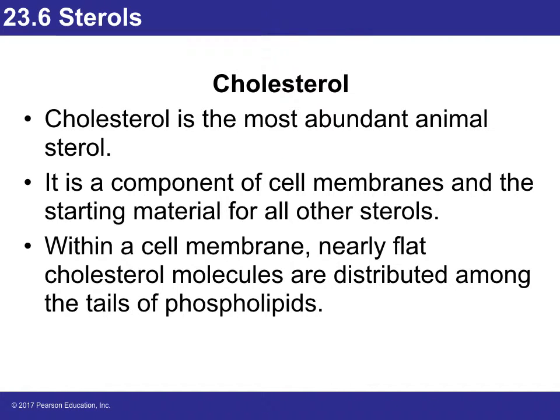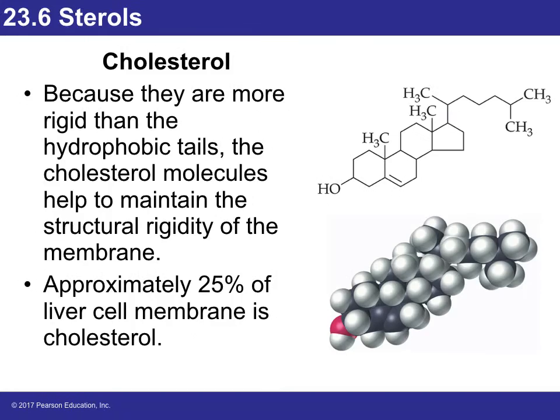Among them, cholesterol, the most abundant animal sterol, very important for cell membrane and starting material for all other sterols. Within the cell membrane, nearly flat cholesterol molecules are distributed among the tails of phospholipid, and that's what gives you that mosaic, fluid-like shape of the cell membrane we're going to study later.